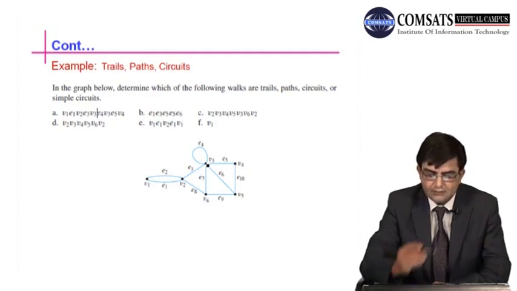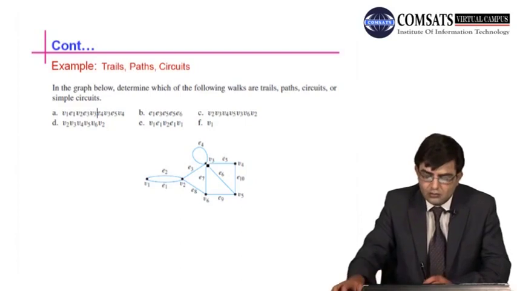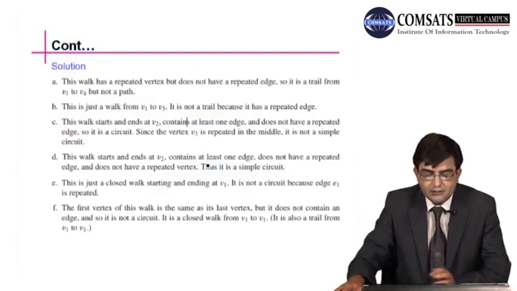So this is basically, first of all, a walk from V1 to V4. Now what is this walk, whether it is a trial, path, circuit, or simple circuit?